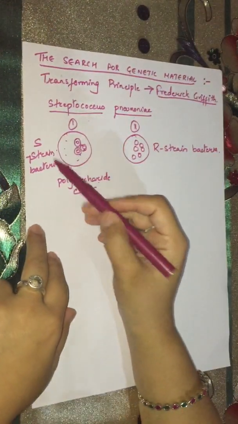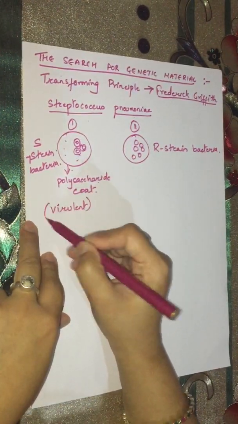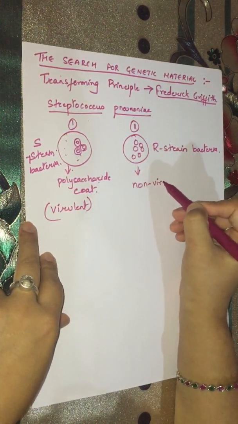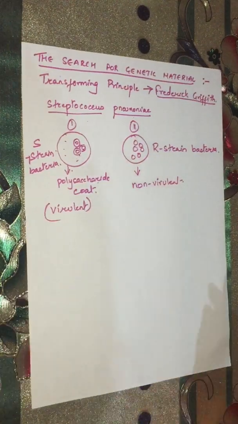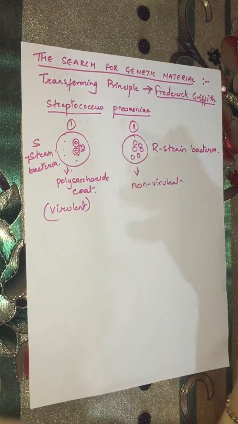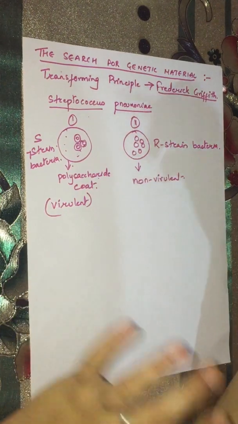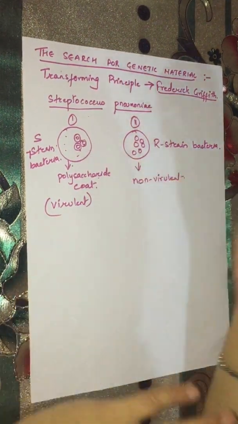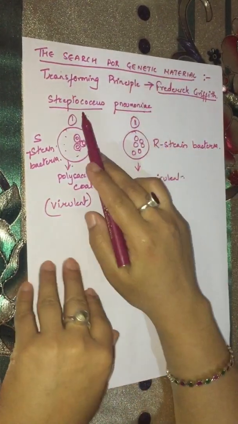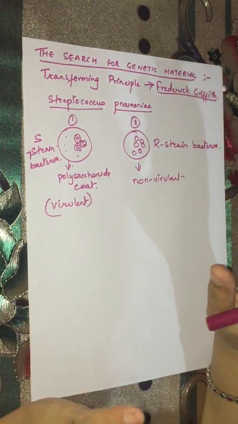This S strain bacteria was virulent, and the R strain was not virulent. Virulent means the bacteria can harm some other organism. When this bacteria is injected into some other organism, it can kill that organism by the disease pneumonia, because Streptococcus pneumoniae is a bacteria that causes the disease called pneumonia.